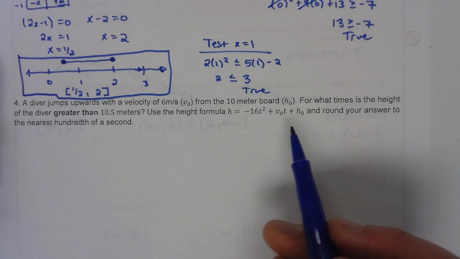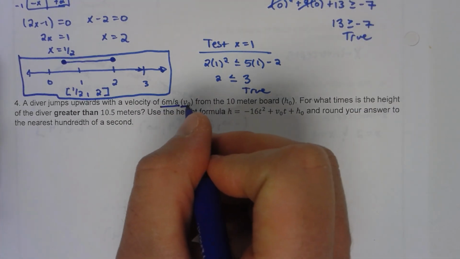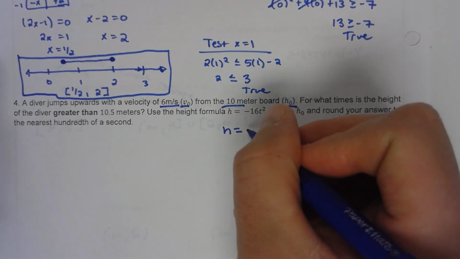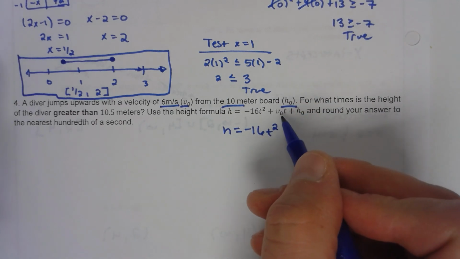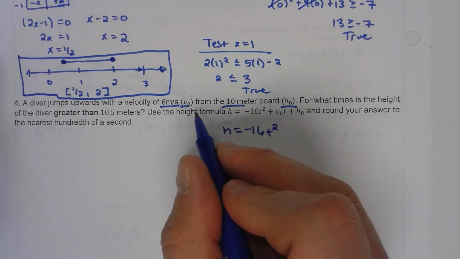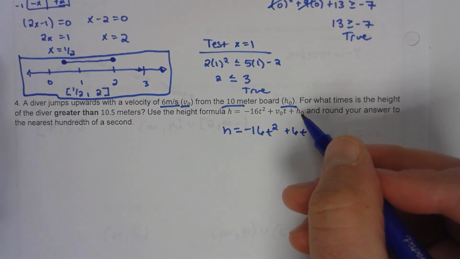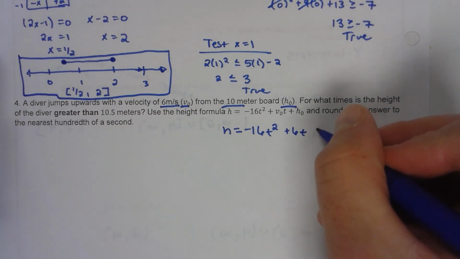But if you look, our equation is not complete, but I am given what each of these values are. After I substitute these values in, the height formula is negative 16t squared. The initial velocity, or v naught, is 6, so that's plus 6t. And then the starting height, or h naught, is 10, so plus 10.